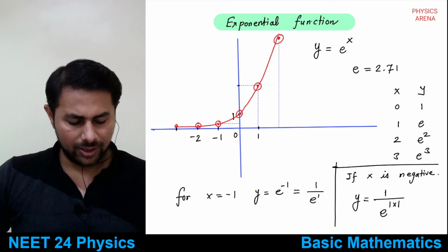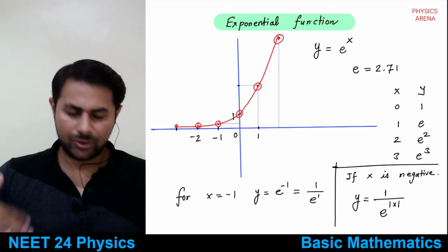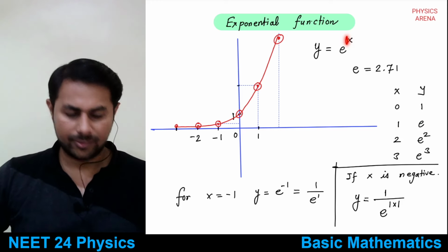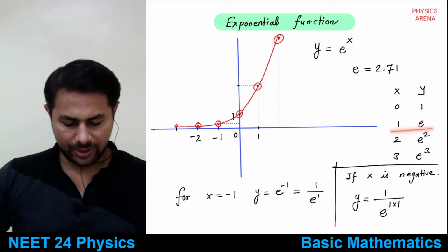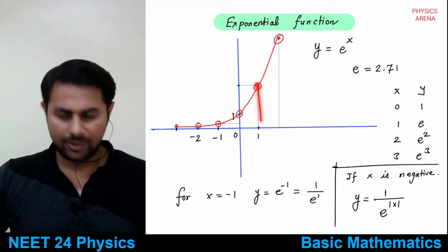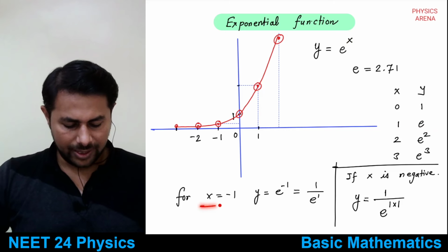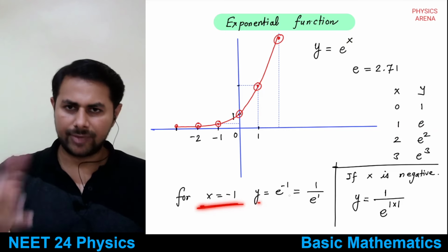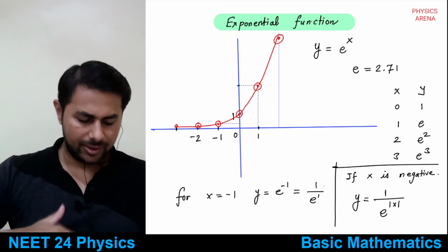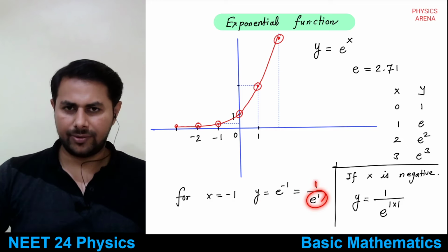Okay, then for x equal to 1, y is equal to what? It should be equal to e raised to 1. So y is e. You get that second point, this one. Similarly you take x equal to minus 1, y is e raised to minus 1. So e raised to minus 1 means 1 upon e raised to 1.